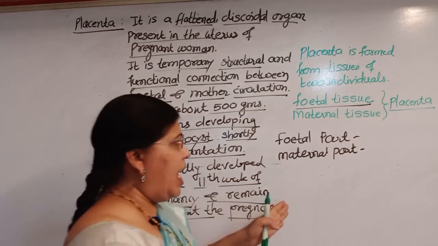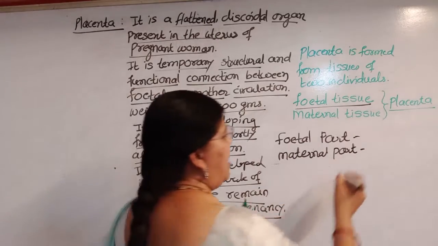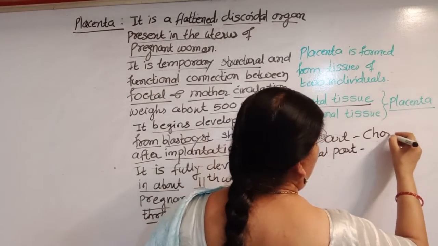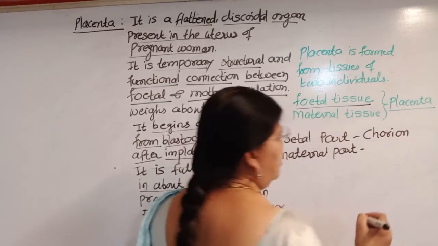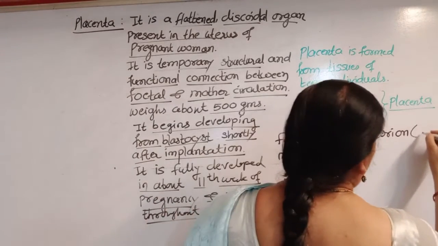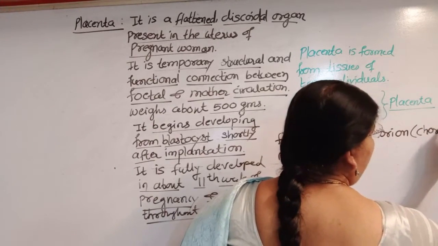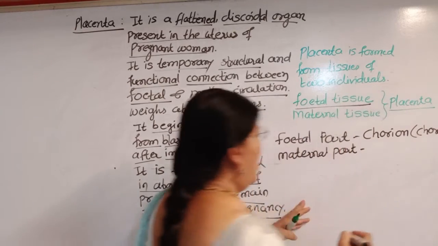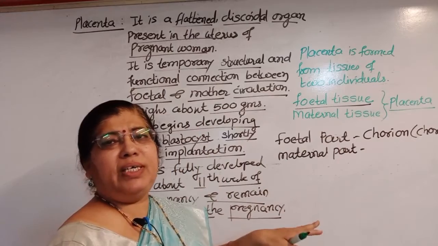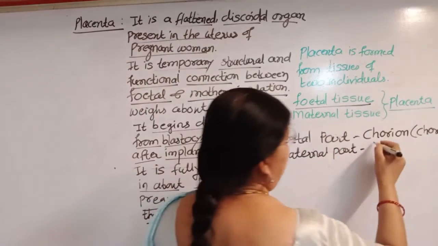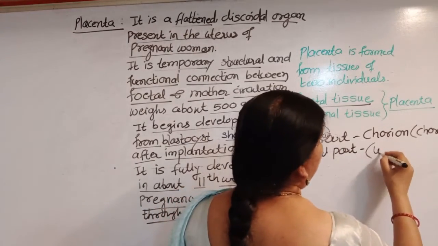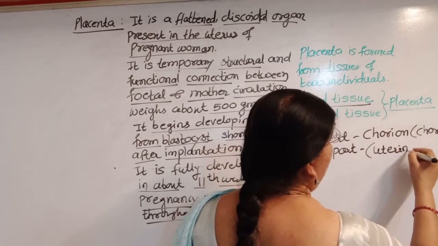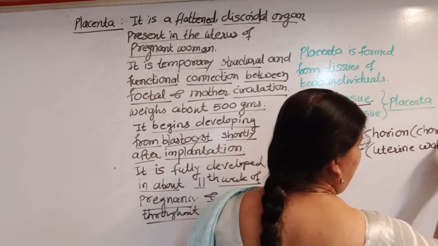So the fetal part which is present in the placenta is chorion, in the form of villi, so it is also called chorionic villi. And the maternal part which is present in the placenta is uterine wall.